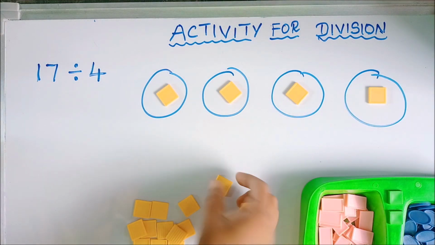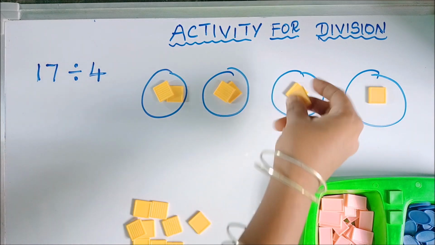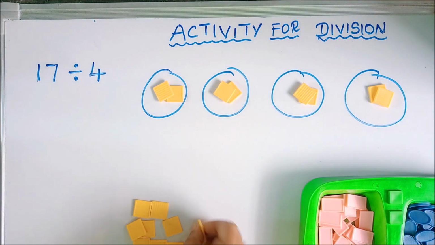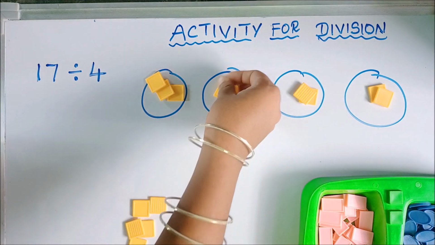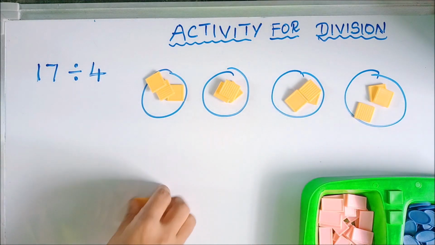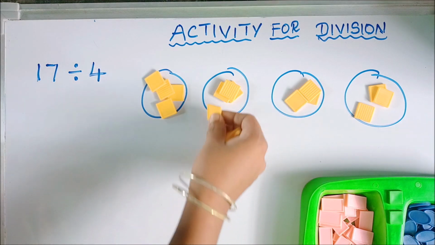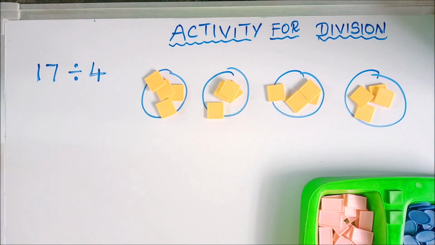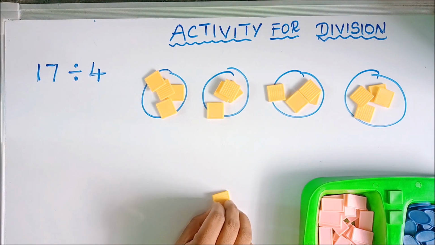Again take 4 pieces and give 1 to each part, and repeat. Next you have to take 4 pieces but we have only 1. So you have to stop up to this.